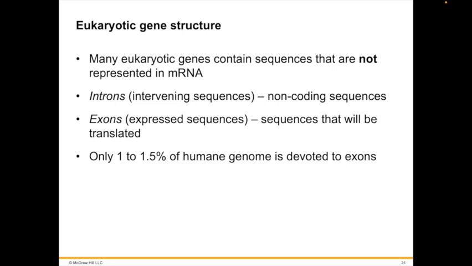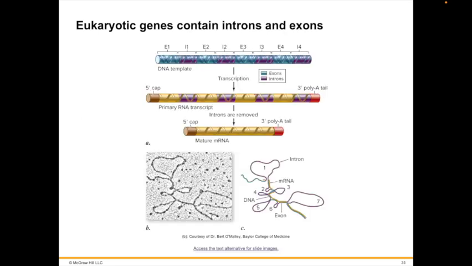We call the non-coding DNA that interrupts the gene intervening sequences, or introns, and we call the coding sequences exons because they are expressed. So let's get to introns versus exons, as you see here now. It is still true that mature eukaryotic mRNA is collinear with its protein product, but a gene that contains introns is not.